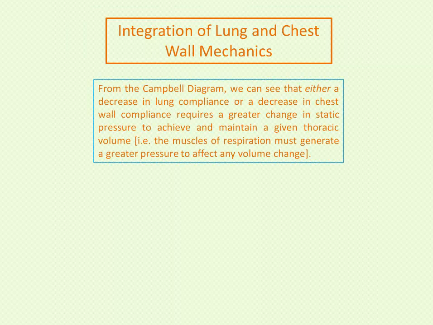So from the Campbell diagram, we can see that either a decrease in lung compliance or a decrease in chest wall compliance requires a greater change in the static pressure to achieve and maintain a given thoracic volume.